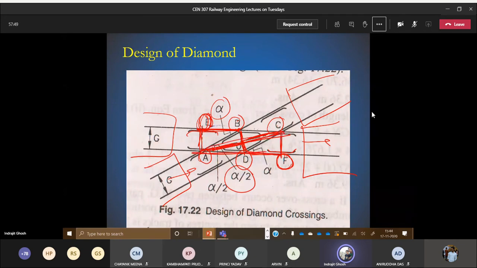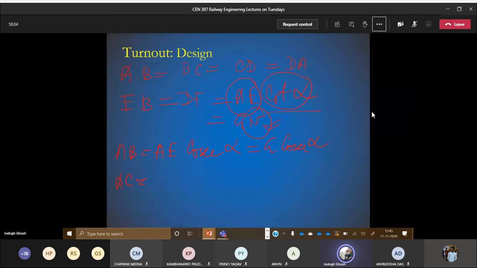From this ACF, everything has to be represented in terms of G or alpha. Now CF is G, so we will be telling AC in terms of CF. It is CF cosec alpha over 2, which is G cosec alpha by 2.